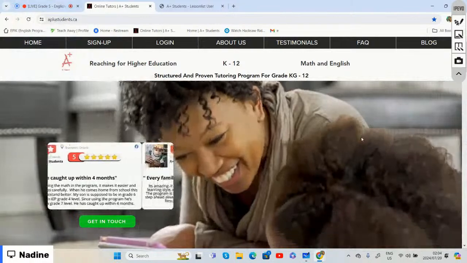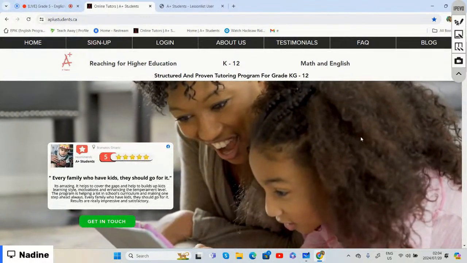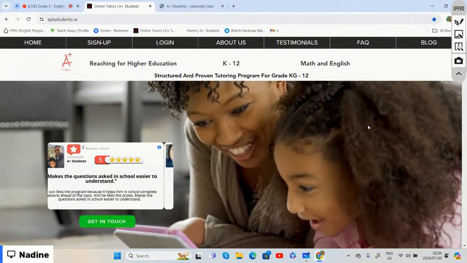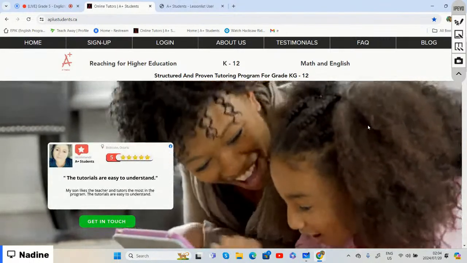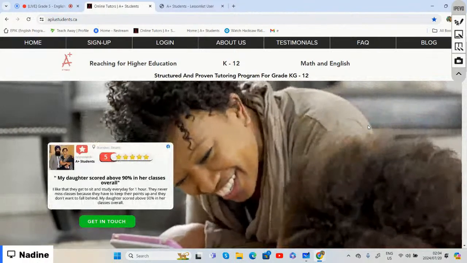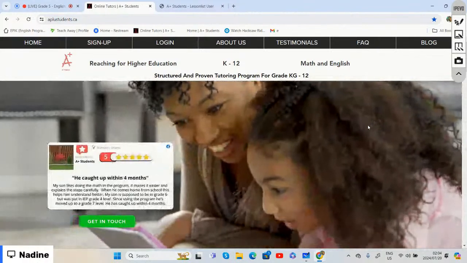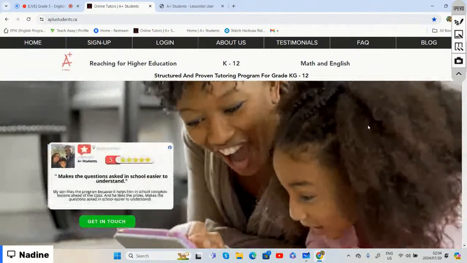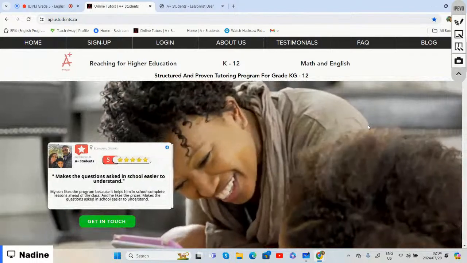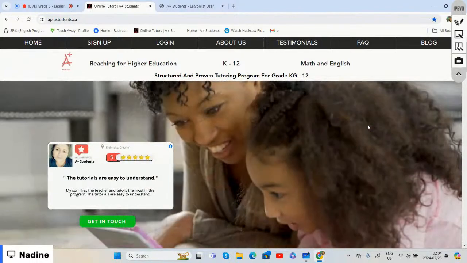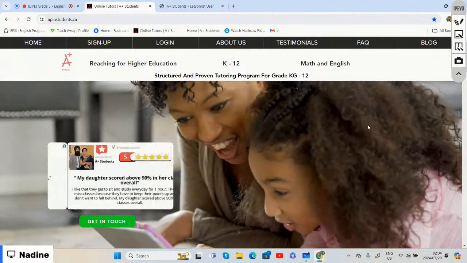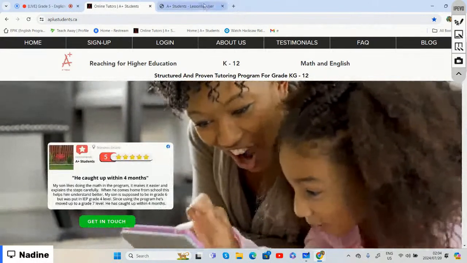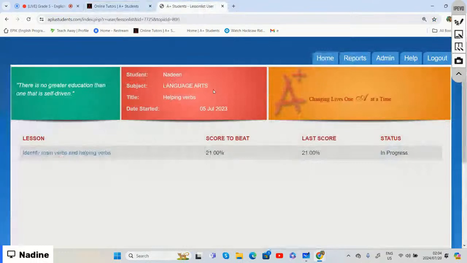Once you've logged on to aplusstudents.ca with a username as well as password, we're going to select the subject of English Language Arts, grade 5, and then we're going to scroll down until we get to the chapter of helping verbs.